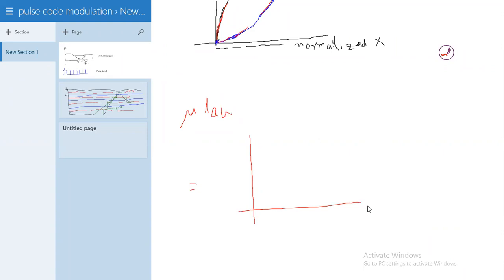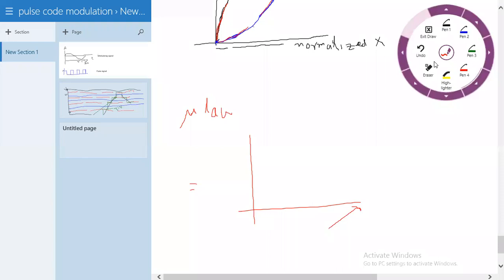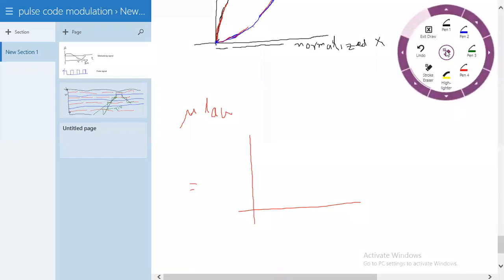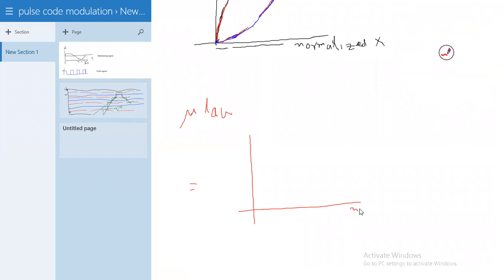So in the x-axis, this is the normalized input. You have to note down. X-axis represents normalized input.